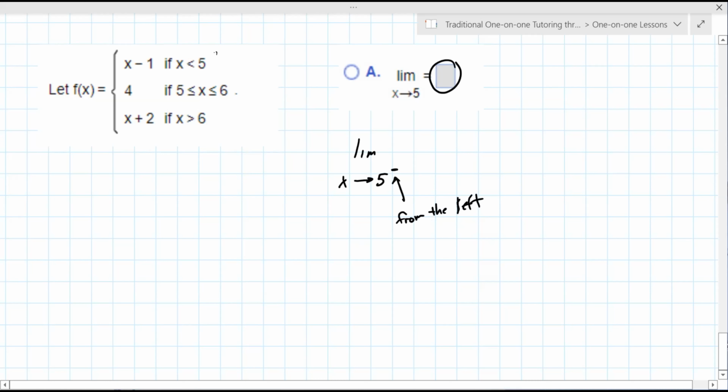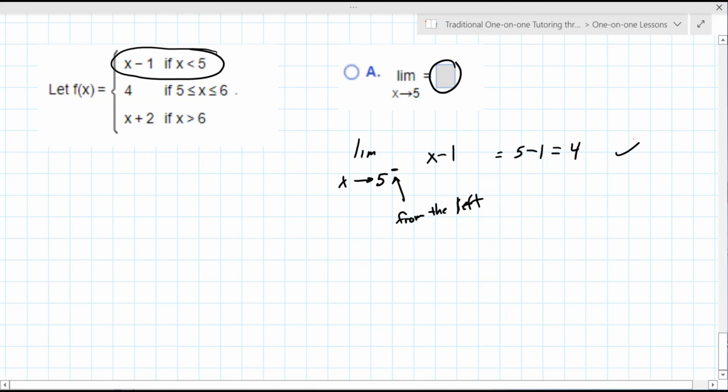You want to use the one that's left of 5, because x is less than 5. So we first want to use the function from the left, which is x minus 1. So you just put that number in, so it's 5 minus 1, which is 4.